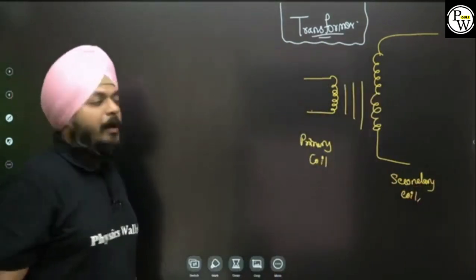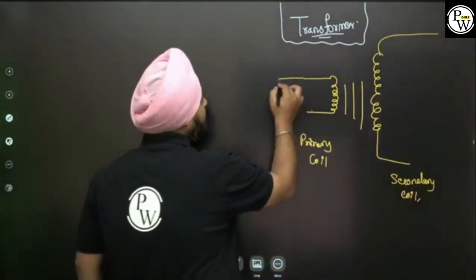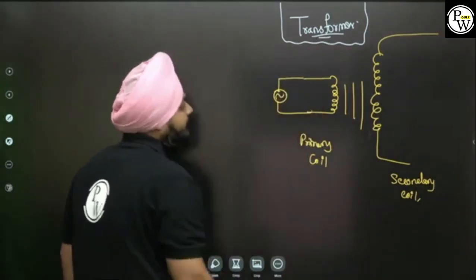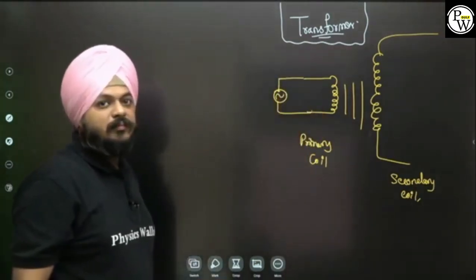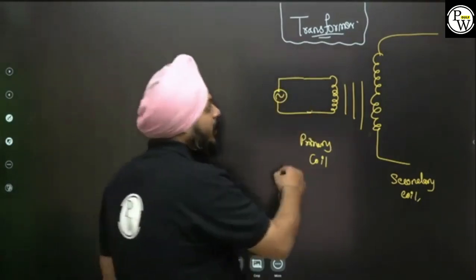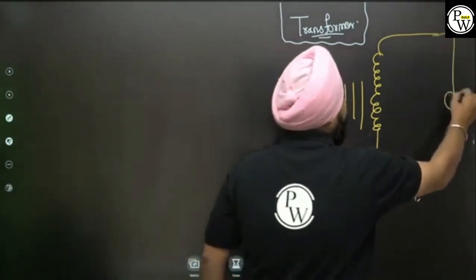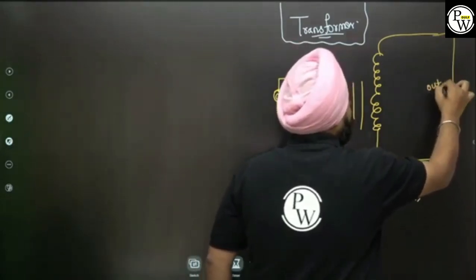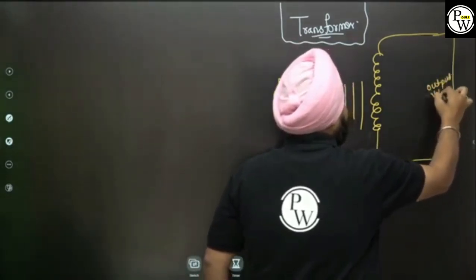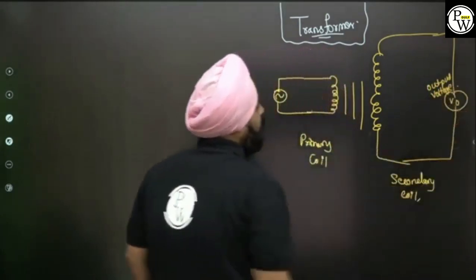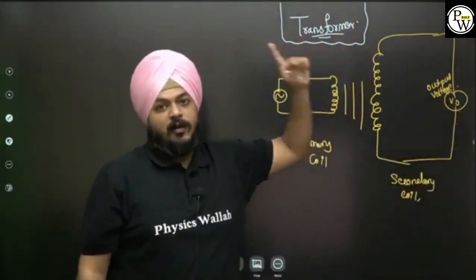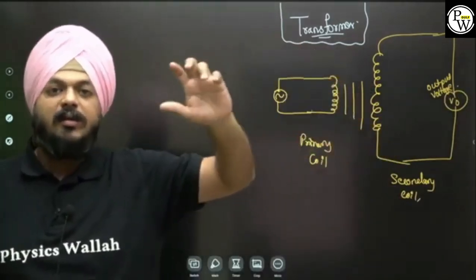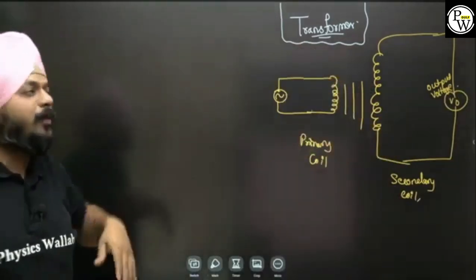The primary is connected to the alternating supply. On the opposite side, we get the output voltages. This is what the transformer is all about. Now see, the most important stuff: which thing is getting changed, and how? Lots of things we are going to see.